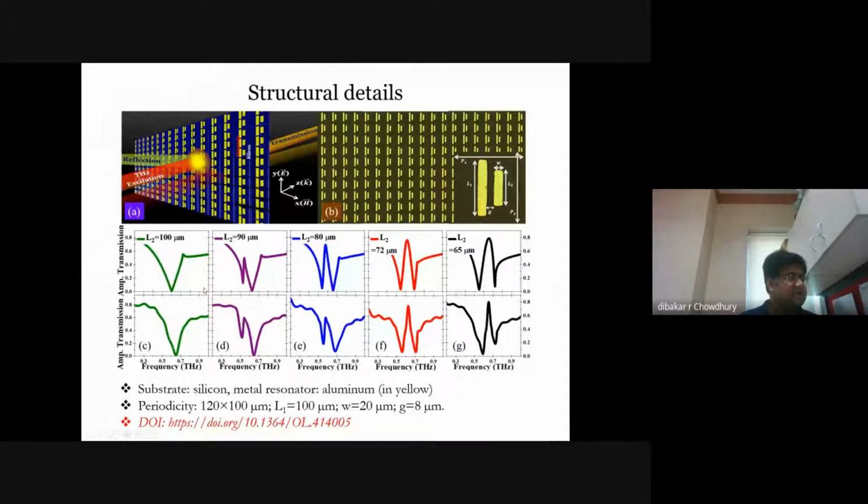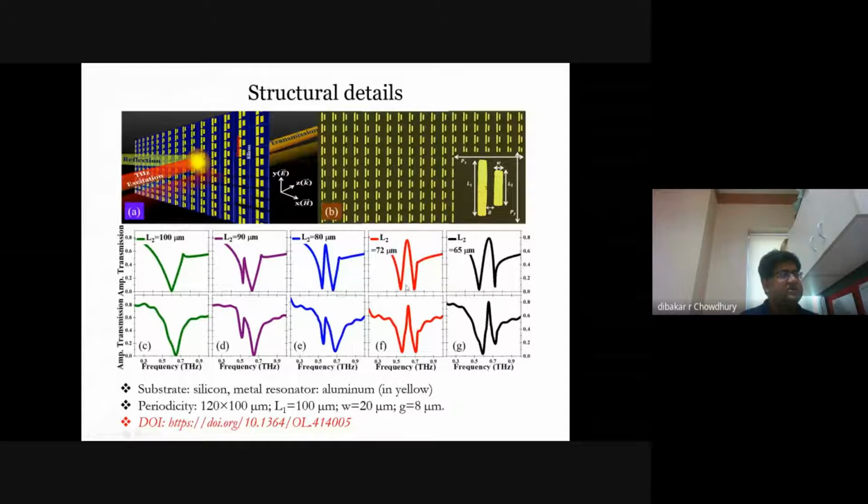Needless to say, the experiment follows the simulations pretty well. We see that in the first case, it is just a one-dipole type resonance. In the second case, a sharp asymmetric high-Q resonance appears, and the dipoles have almost similar strength.